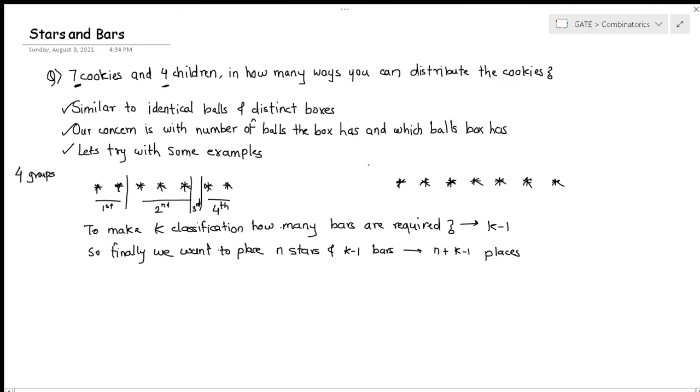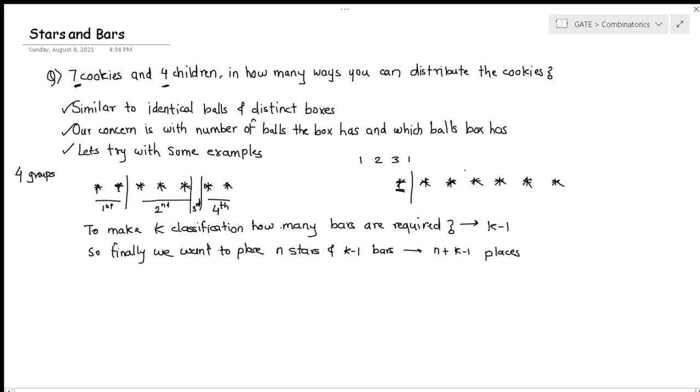Someone might say, let's try another combination. The first child got one cookie, the second child got two cookies, the third child got three cookies, and the last child got one cookie. So how can we represent that? Let's put one bar over here indicating that the first child got one cookie.